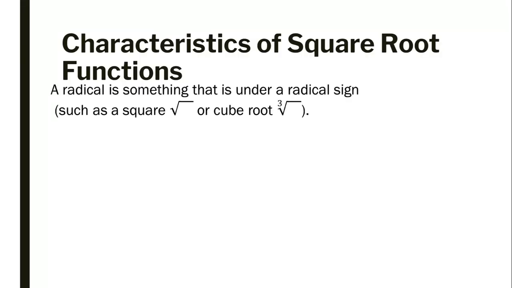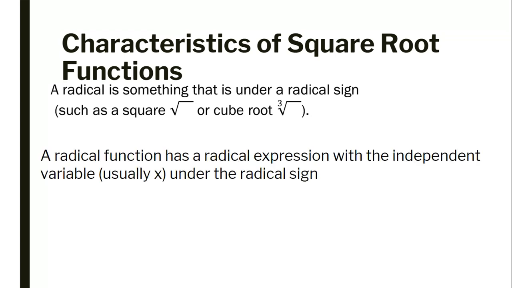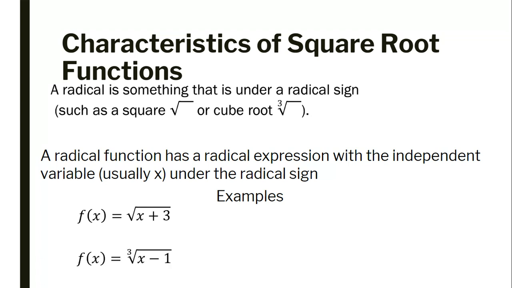Now, the first thing to look at is what is a radical? Well, a radical is anything under a radical symbol, such as a square root or a cube root. Now, a radical function has a radical expression with the independent variable, such as the square root of x plus 3, the cube root of x minus 1, the fifth root of x minus 1.